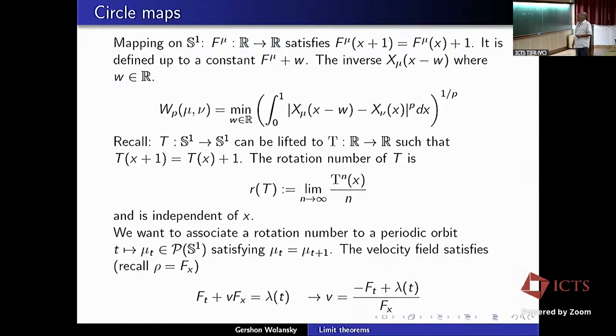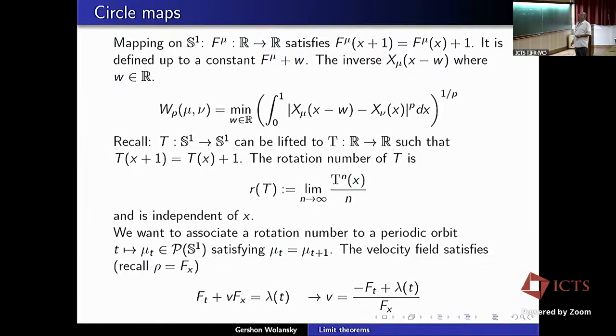Of course, the way we define the cumulation function, which was the measure mu between minus infinity to x, here we have a periodic measure, so we have to define some point to start, and this point is arbitrary, so it's defined only up to some constant, and the inverse is also defined up to some constant shift in the parameter x.